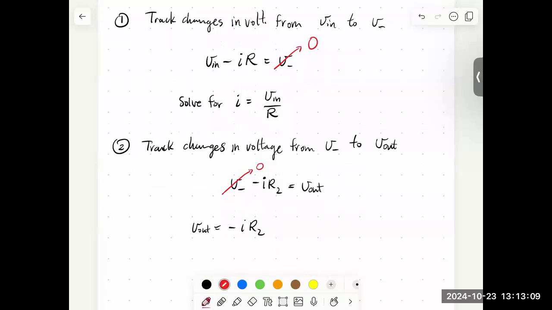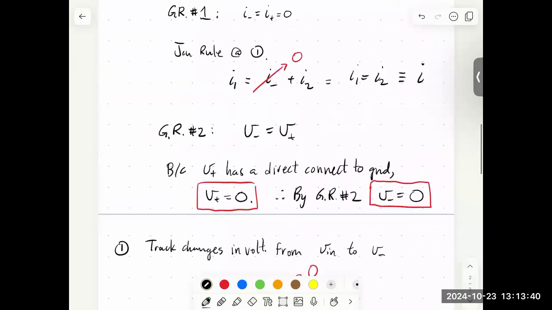And what we're going to do is we're going to take this expression for the current and we're going to sub it in right here for I. Okay, so then we end up with minus. Let's see. We have a V in. In our diagram, this is R1, right? So I should be labeling this R1.